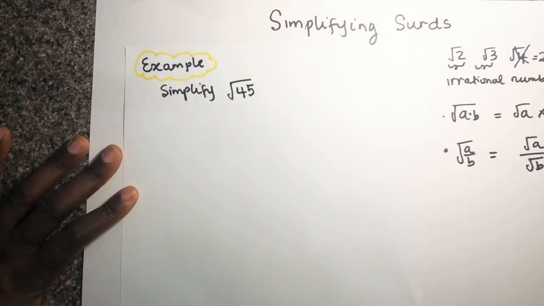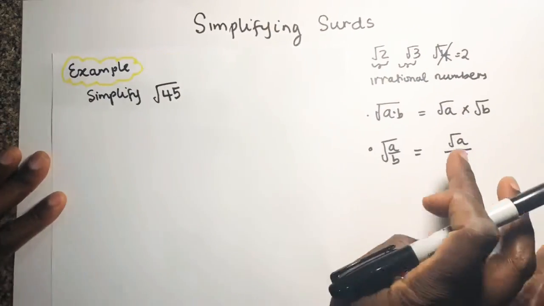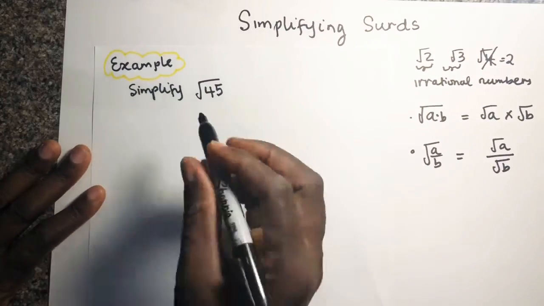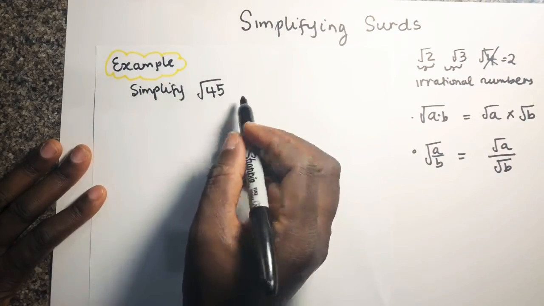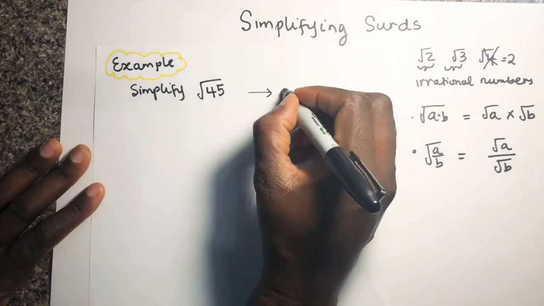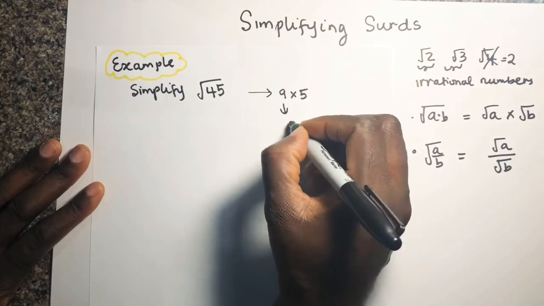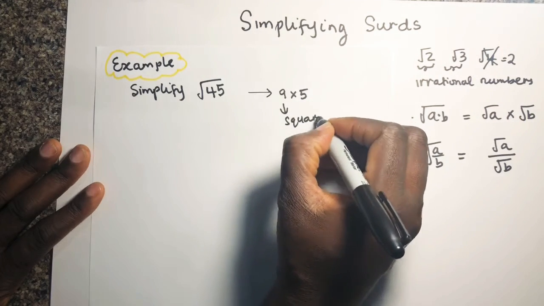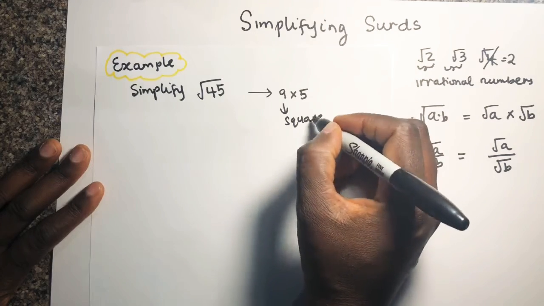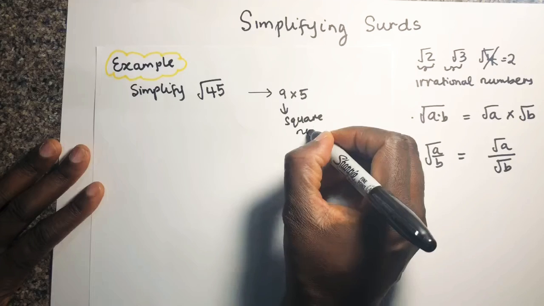Here's another example. It says simplify the square root of 45. Using the multiplication rule, the factors of 45 that contain a square number that quickly comes to mind is 9 times 5, because 9 is a square number. I could use any other factors, 15 times 3, but that would mean me working more and more because they are not square numbers.